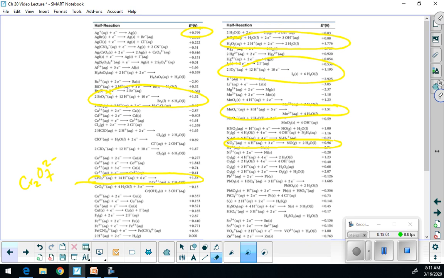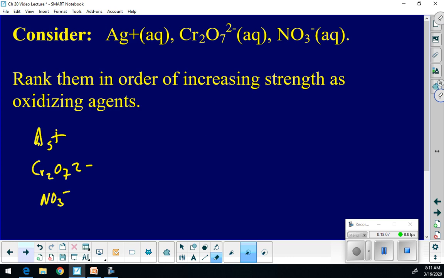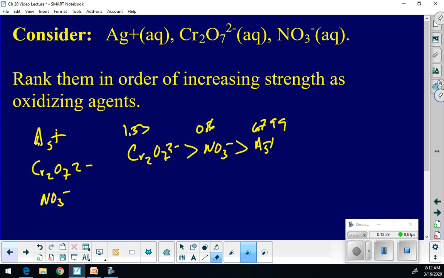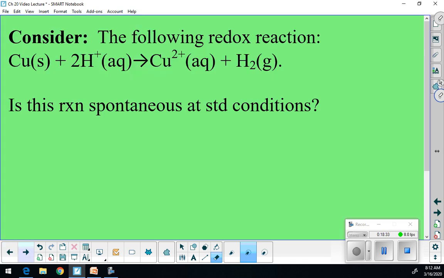And so that's pretty simple, right? This is the highest, so dichromate is going to be greater than nitrate, which is greater than silver plus, right? Because this is 1.33, this is 0.96, this is 0.799. Cool. Piece of cake.